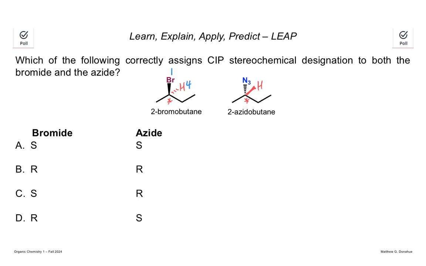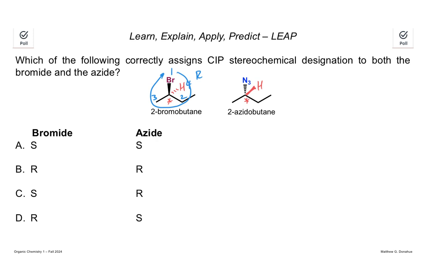Hydrogen will be 4. Now you have the 2 carbon groups. Since they're both equal, you go out to the next atom. The ethyl group will then take priority. So that's 2 and that's 3. So it looks like we're going clockwise. So the bromide should be R.